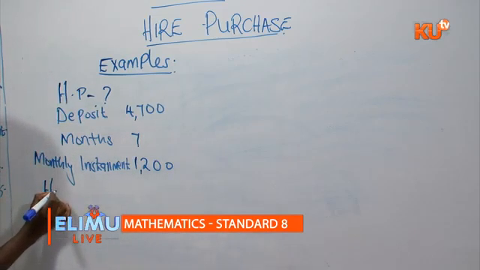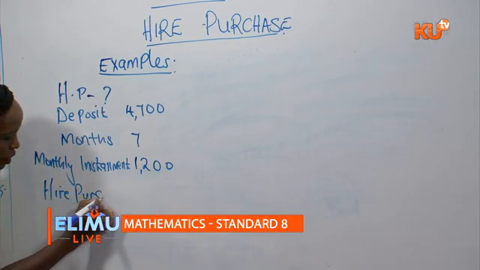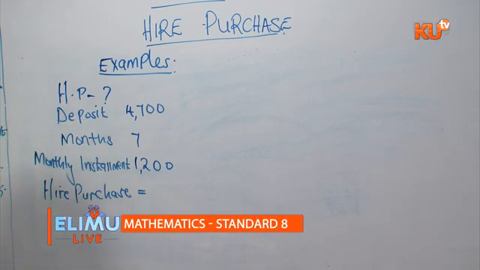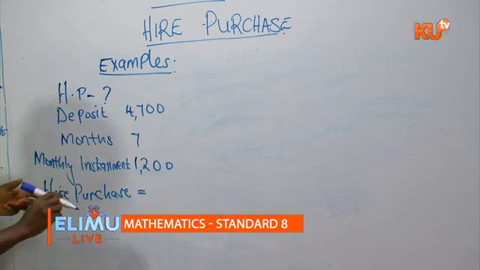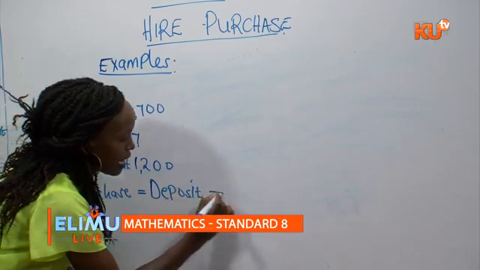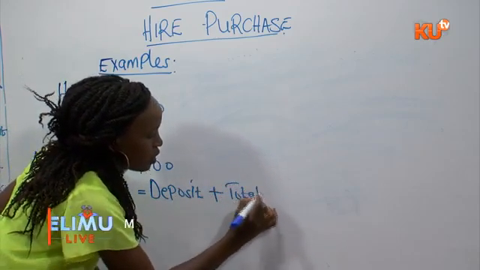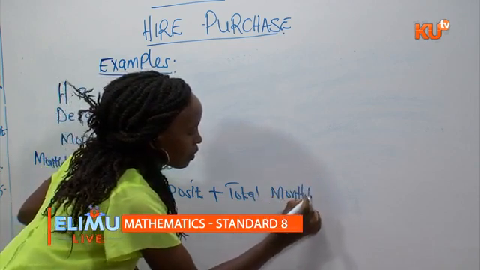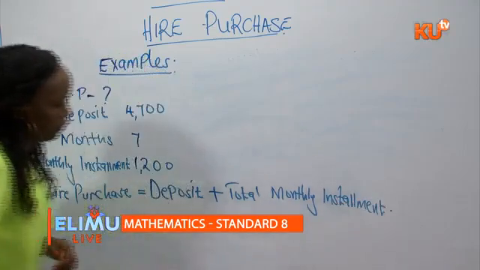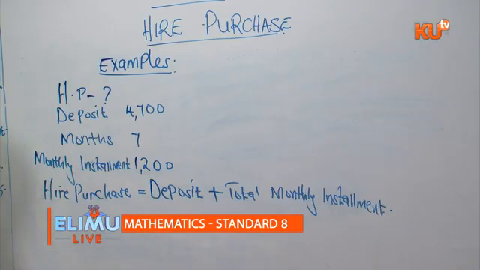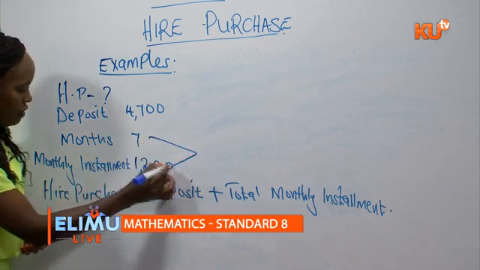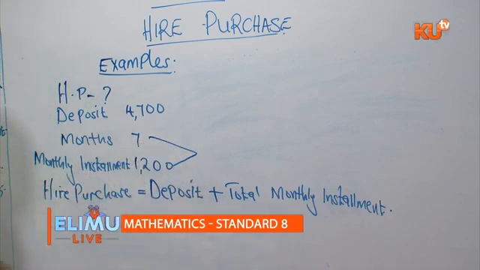For me to get the hire purchase price, we take the deposit plus the total monthly installment. So we start by calculating the total monthly installment, because you have the months and you have the monthly installment.